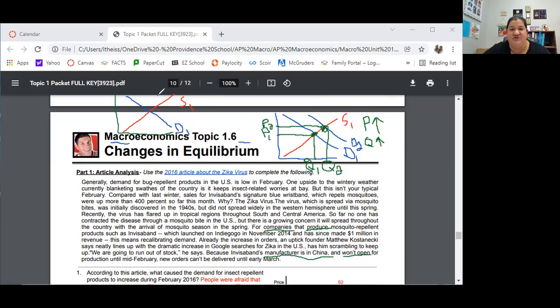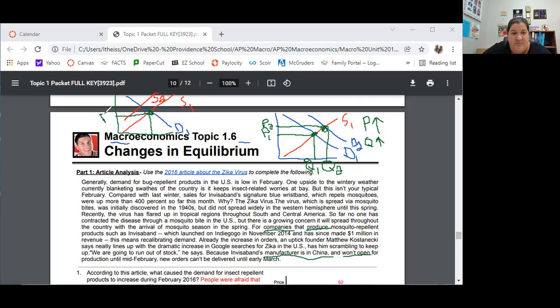What happened to supply? Supply decreased. It shifted this way. So here is S2. Here's my equilibrium point on S1, D1. It's here and it's here.